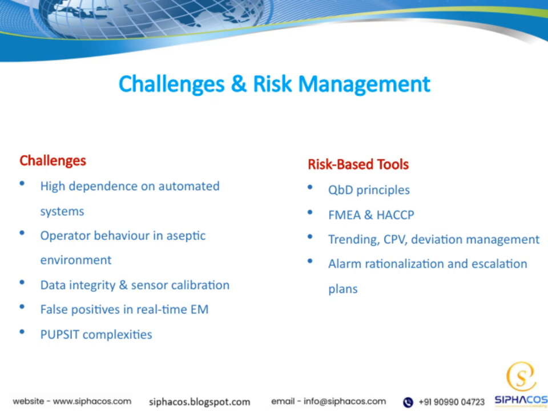But of course, implementing these tools isn't without its challenges. One major challenge is the high dependence on automated systems, which requires us to ensure these systems are robust and reliable. Operator behavior in aseptic environments also plays a critical role. Human factors can introduce variability, so training and adherence to protocols are key.